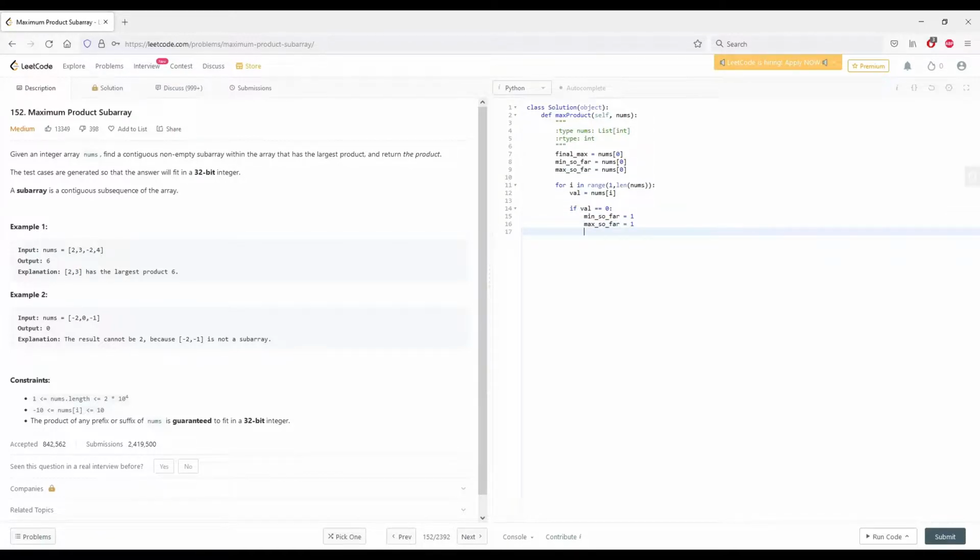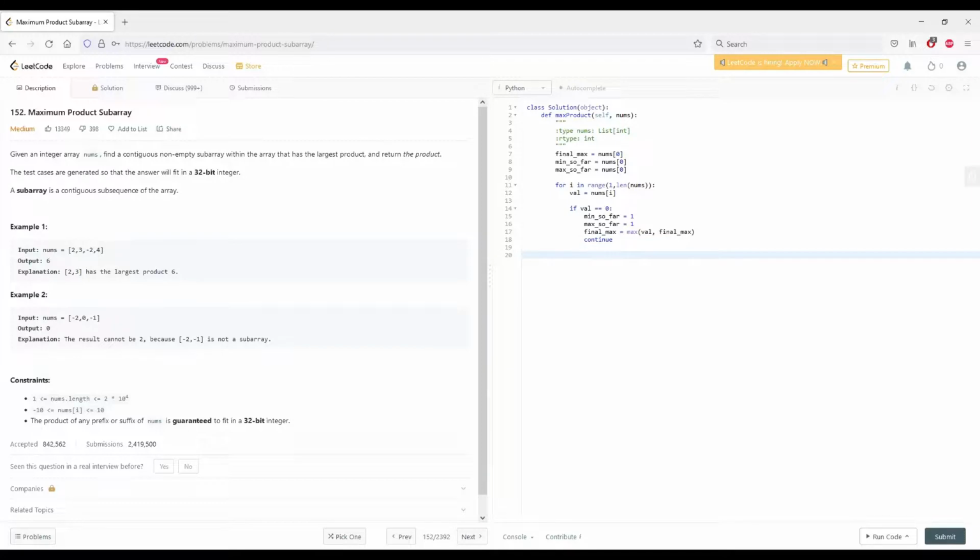Okay, and then what I'm going to do here with final max is actually do final max equals the max of val itself and itself, and then continue.